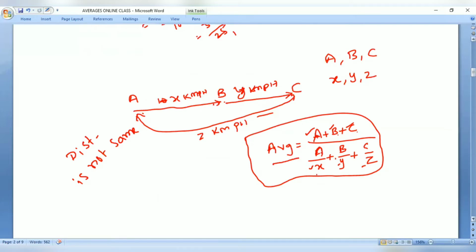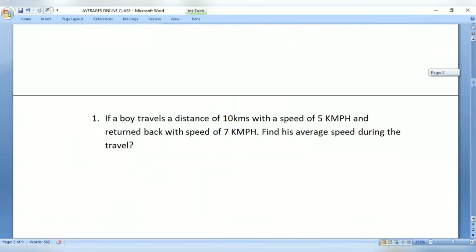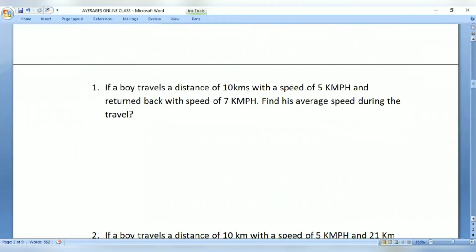So this is the fundamental theoretical concept which we need to understand before solving the problems. Now let us move on to solve the first problem.